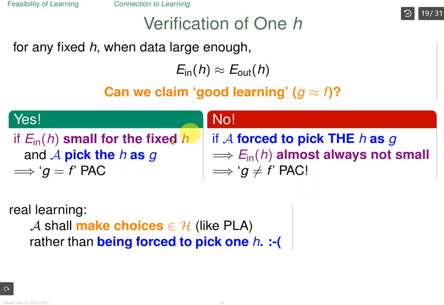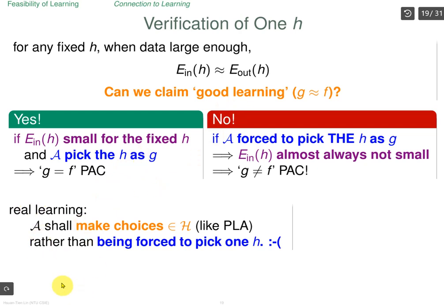Well, in the context of machine learning, we need to make sure that the algorithm makes choices, like in the perceptron learning algorithm. It selects one hypothesis, checks if that hypothesis makes a mistake or not on the given example, and iteratively selects a lot of other hypotheses.